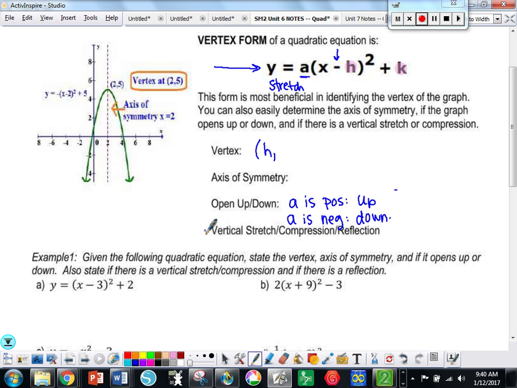So whatever is in here, we take the opposite, and that is the x part of the vertex. So you gotta flip the sign. And then the k is the y part of the vertex. You do not flip the k because of the plus right here. You keep the k by whatever it says there.